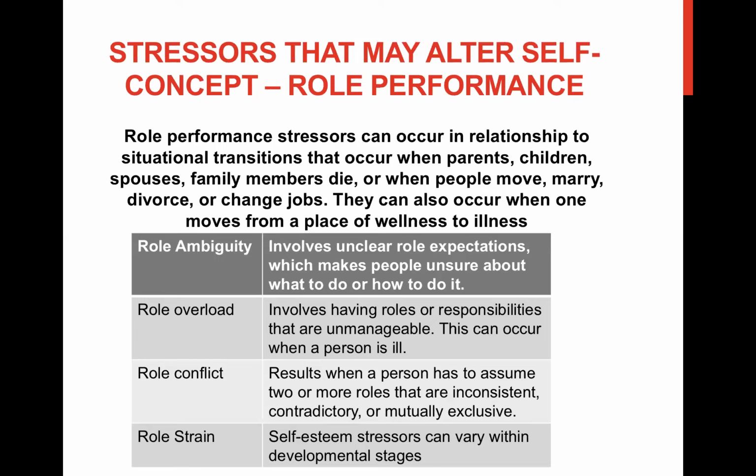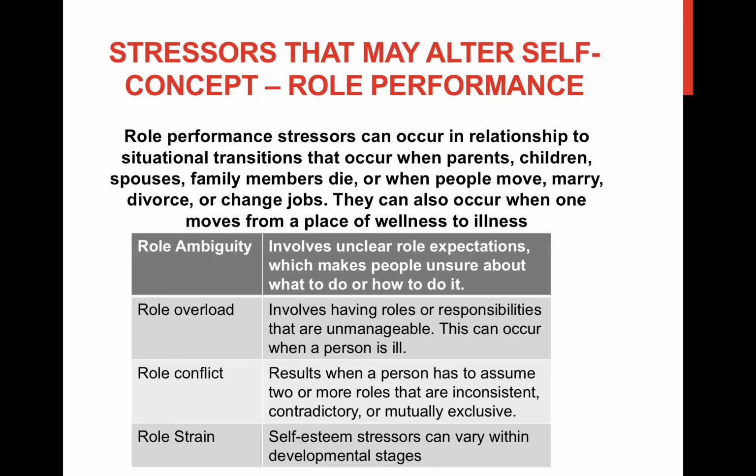Role performance. These stressors can occur in relationship to transitions that occur when parents, children, spouses, or family members die, or when people move, marry, divorce, or change jobs. They can also occur when moved from a place of wellness to illness. So you have role ambiguity, which involves unclear role expectations, which makes people unsure about what to do or how to do it.